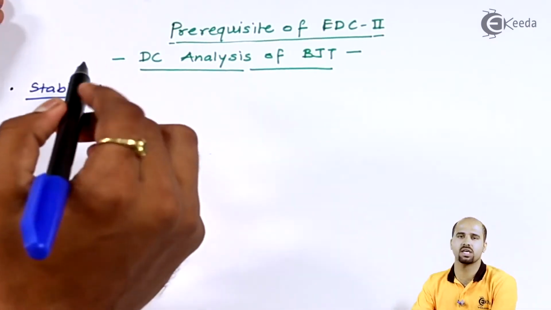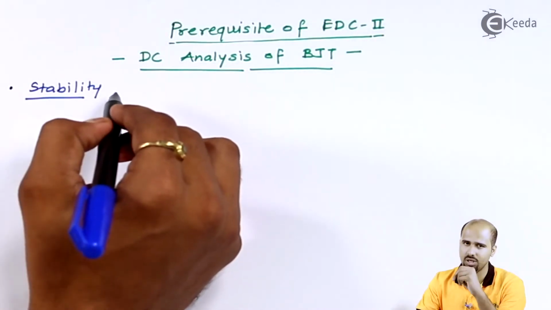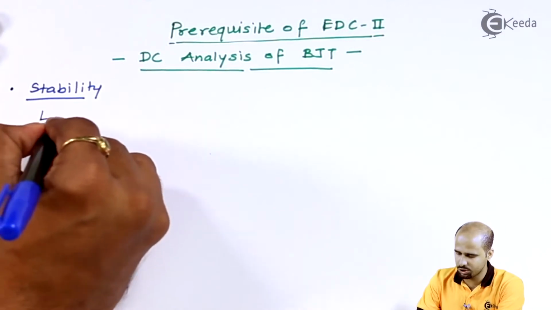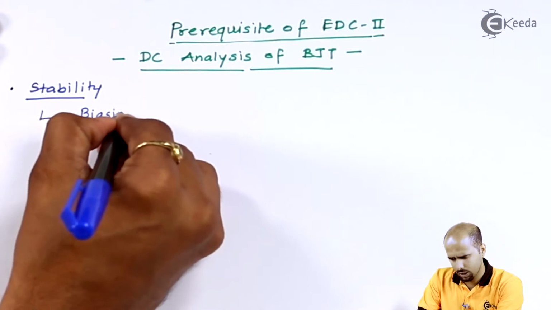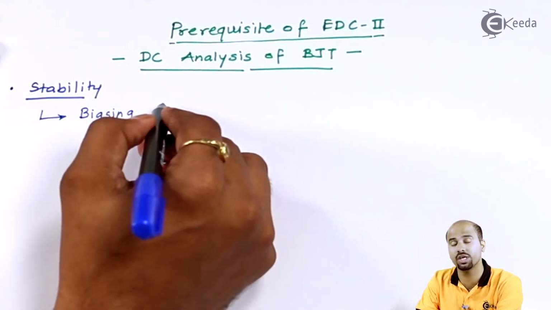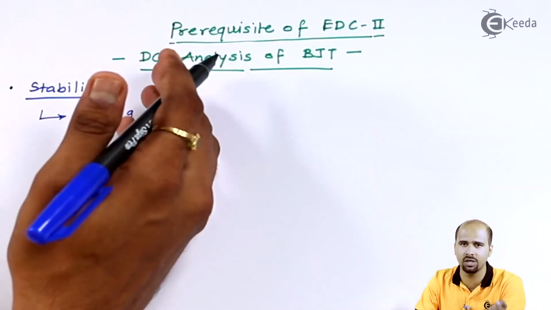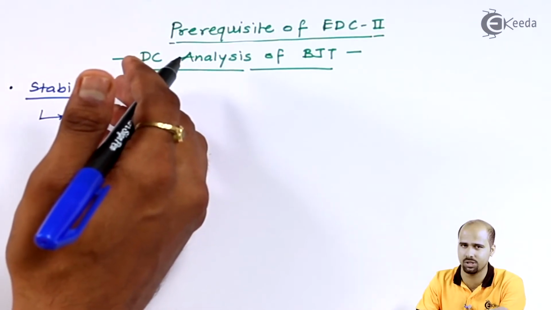Now to have this stability, we have two options: one is compensation and another is biasing. We generally use the biasing technique. What kind of stability would we require? As we learned in thermal runaway, if temperature increases, my ICO increases.